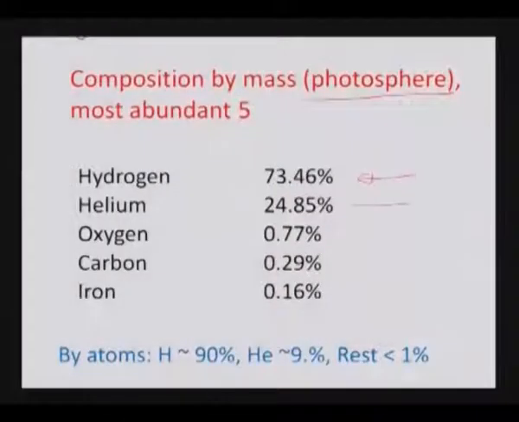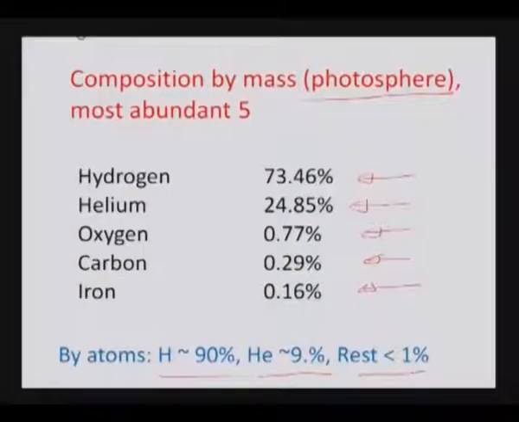There the composition is 73.46% hydrogen, helium 24.85%, then oxygen and carbon and iron and many more. If I go by atoms, then hydrogen atoms will be more than 90%, helium about 9%, and the rest about 1%.